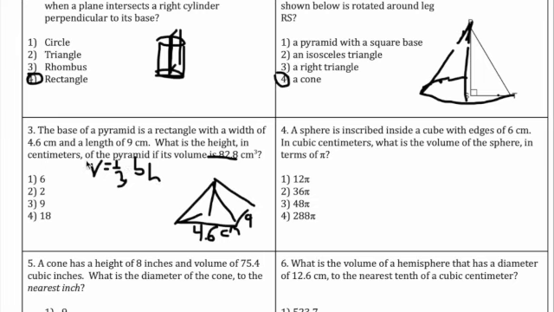What is the height in centimeters of the pyramid? Okay, so our volume is 82.8. You're being very destructive. Okay, and that equals 1/3, right? 4.6 times 9 times h.